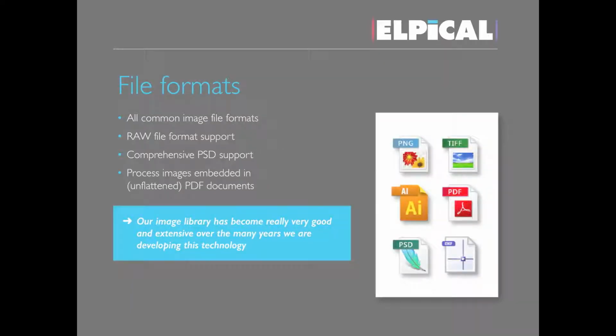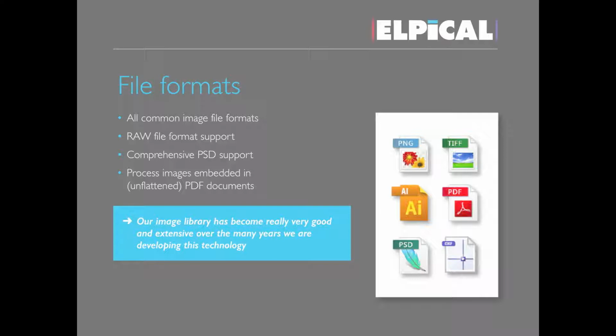When we talk about file formats, Claro takes all common image file formats, so that's PNG, TIFF, Photoshop files, RAW files, and so on and so forth. Important to understand with Photoshop files and with TIFF files is that there is a comprehensive layer support.